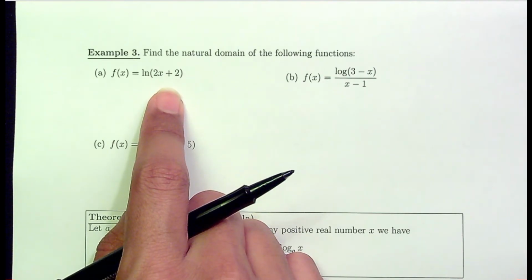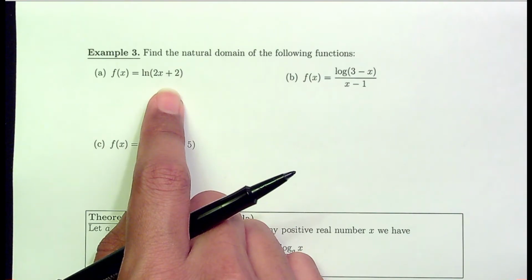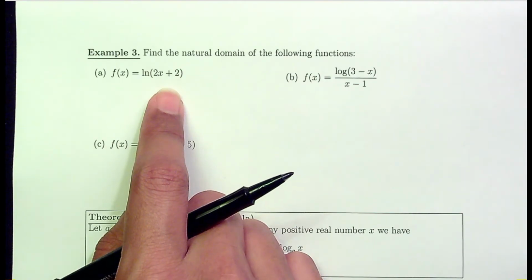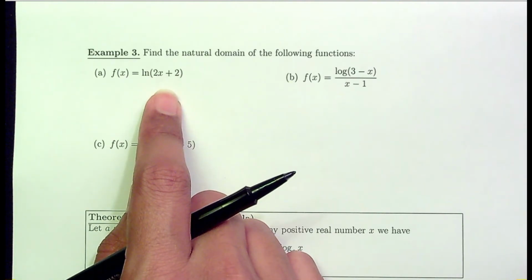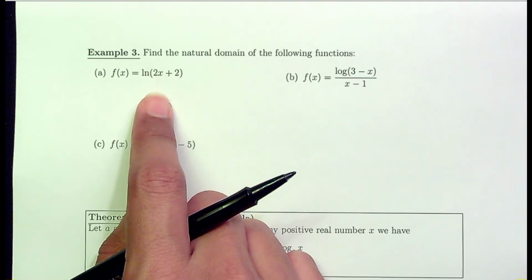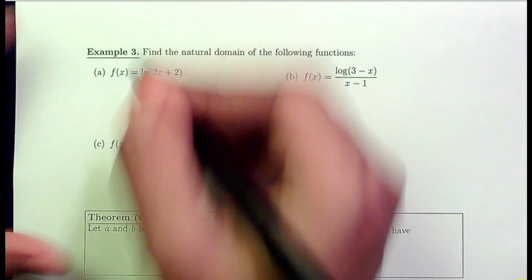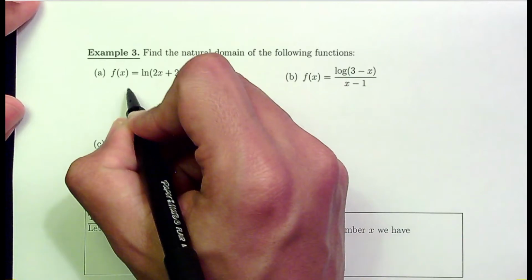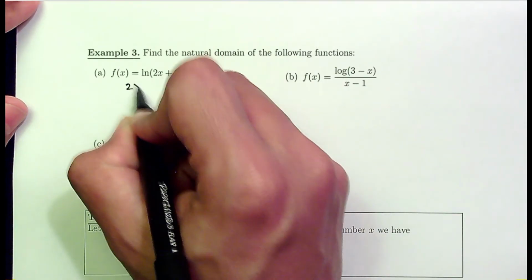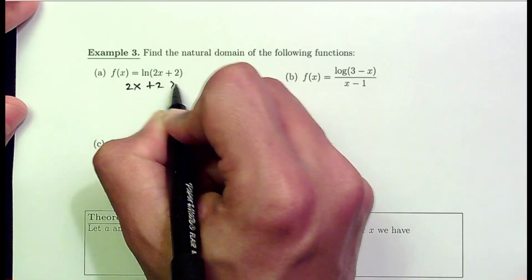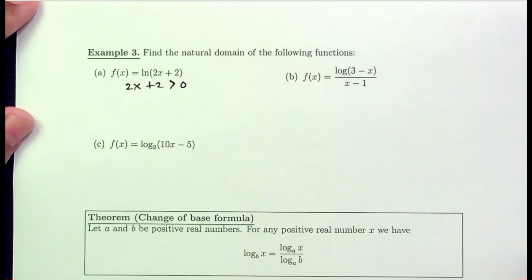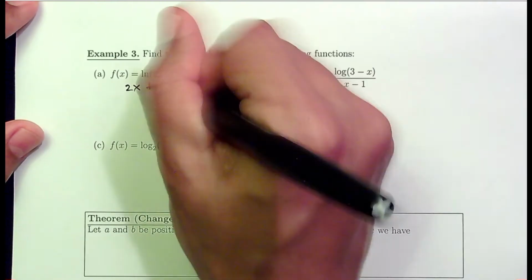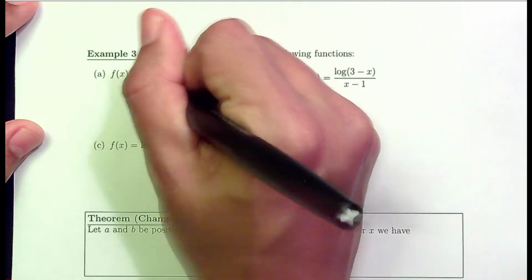The second bullet point was if there's radicals of even index, well, there's no radicals of even index, so the second bullet point does not apply. The third bullet point is if there's logarithms, then whatever is inside the logarithm needs to be bigger than 0. So that means we need 2x plus 2 to be bigger than 0. We're going to set 2x plus 2 to be bigger than 0, and we're going to solve that.